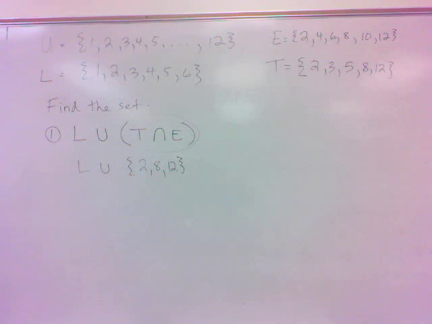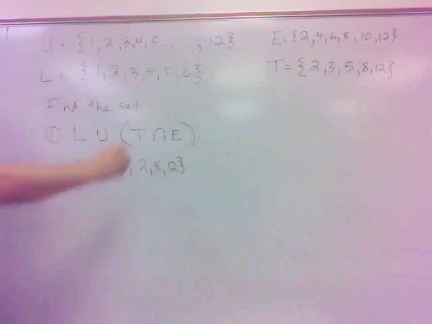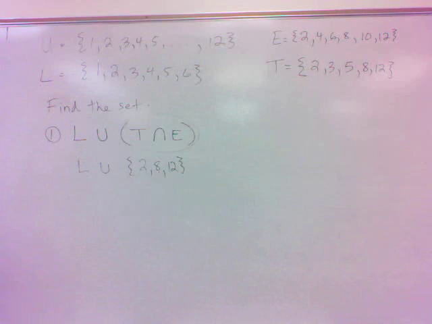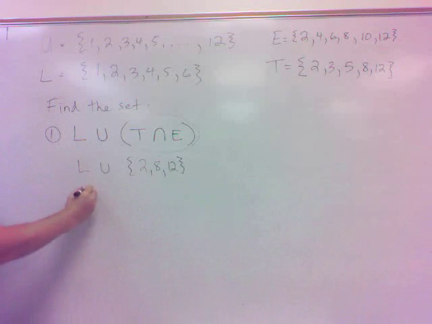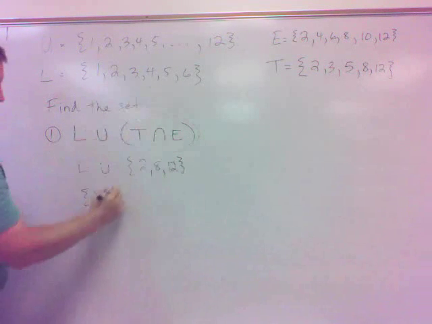Then we do the next. What's next? Well, now we do the L union that. What's union? Everything put together. So I take everything in L, which is here, 1, 2, 3, 5, and 6, and combine it with this. So just dump those two things together. What's that going to give me? Well, I got 1 through 6.